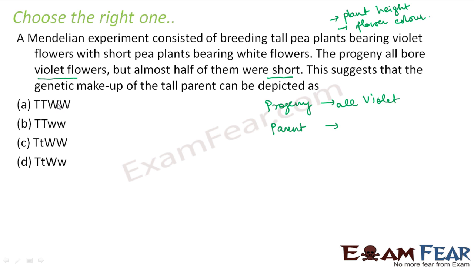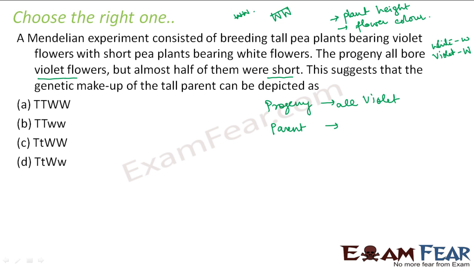Let us suppose that small w denotes white and capital W denotes violet. Now you might ask, why are we denoting white with small w?